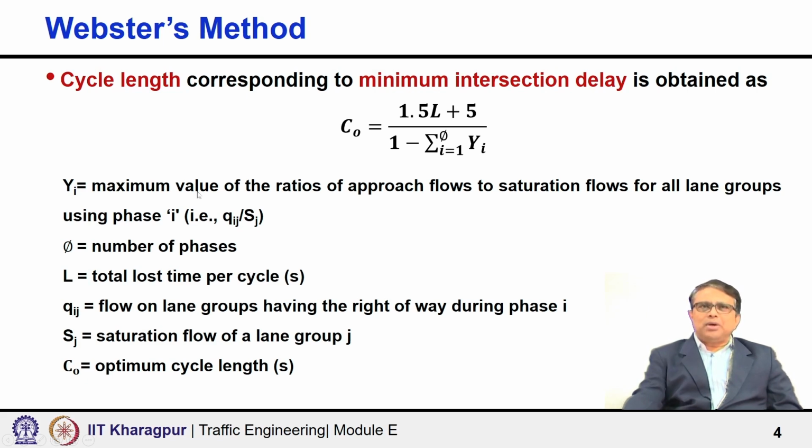Y_i is the maximum value of the ratios of approach flows to saturation flows for all lane groups using phase i, and like that for every phase we take the maximum value of the ratio and add them up for all the phases, then 1 minus the sum of that, where the sum of Y_i runs from i equal to 1 to phi, phi being the number of phases.